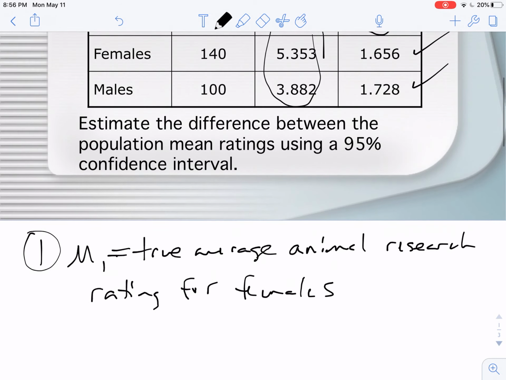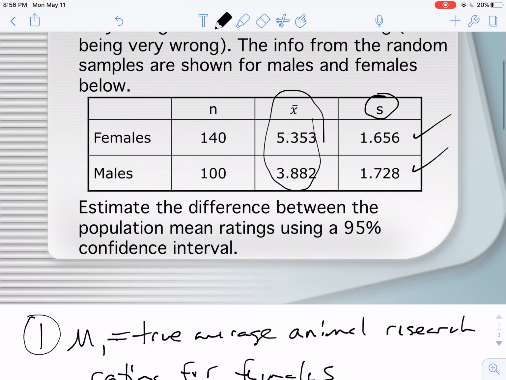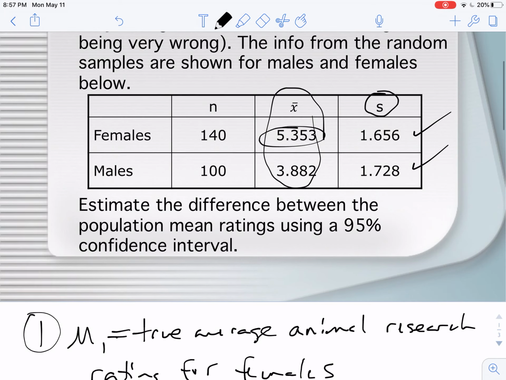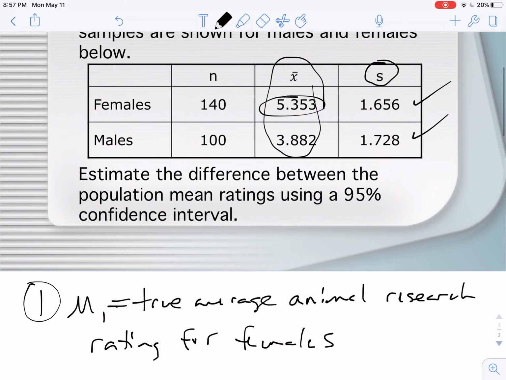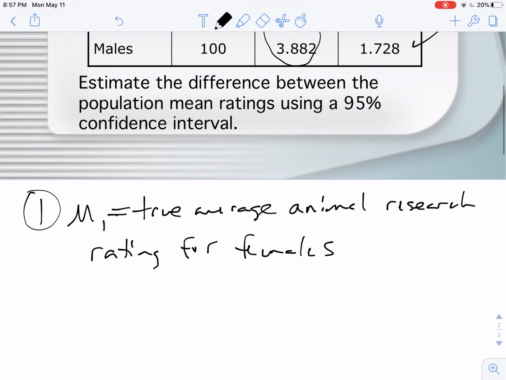So I picked the female population to be population 1 because this X bar value here was larger. What that will do is give me a positive difference between my two sample means.